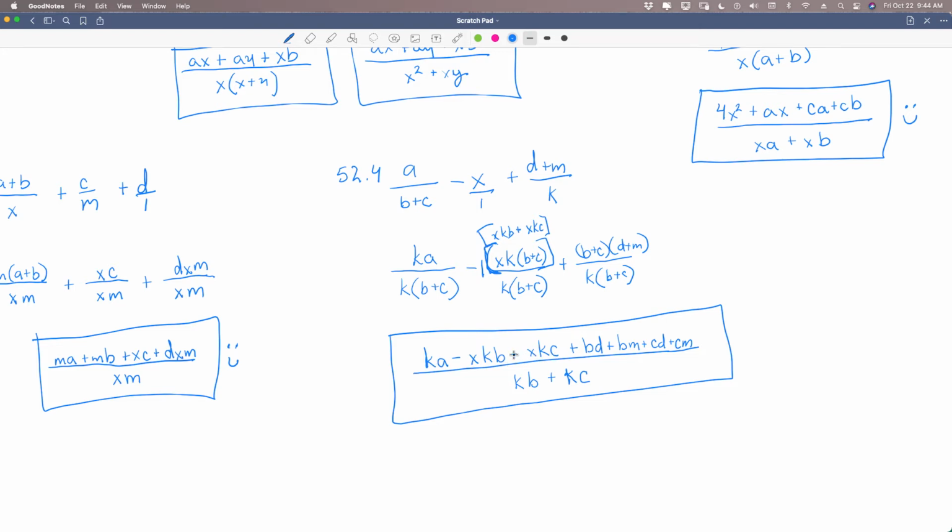That's how I got the 2 minus signs. Plus b times d is bd, right? B times m is bm. Then you have c times d, which was cd, and c times m, which was cm. And that's how we got all of this. And that is the correct answer.